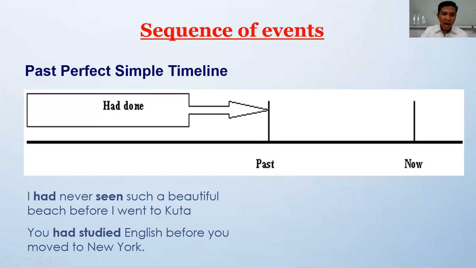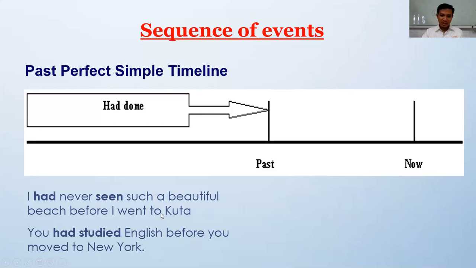So when you say, I had never seen such a beautiful beach before I went to Kuta. I had never seen such a beautiful beach before I went to Kuta. So where is the position of you went to Kuta?